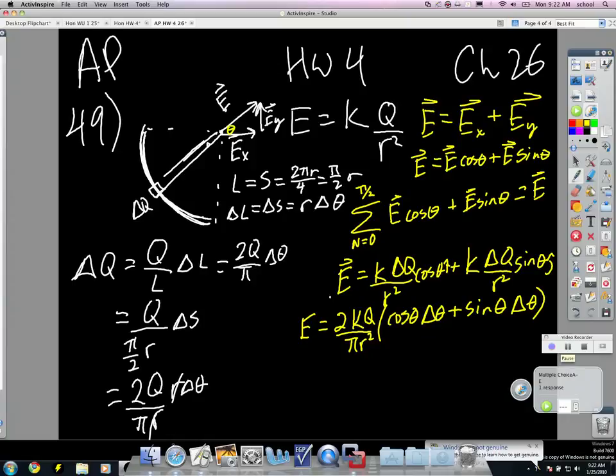Okay, so if you notice the same pattern that we've done, the same idea. We have this general statement that describes, for any given portion of this arc, the effect of that piece. And then we're now saying, okay, we got to add up all of those little pieces, and so then we take the integral of something like this.